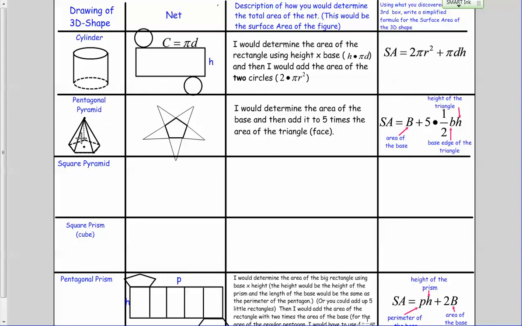And there you have a pentagonal pyramid. Okay, when I take a look at the net of the pentagon, he would have a pentagon for his base, and then he'd actually have all those triangles unfolded from it.